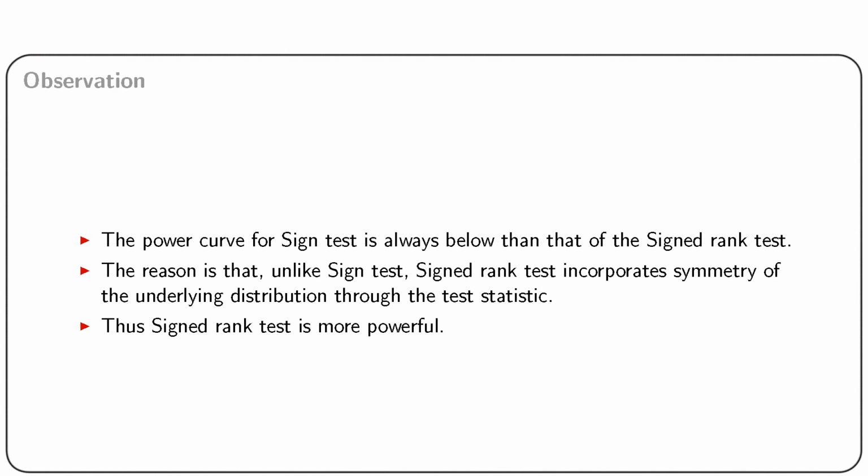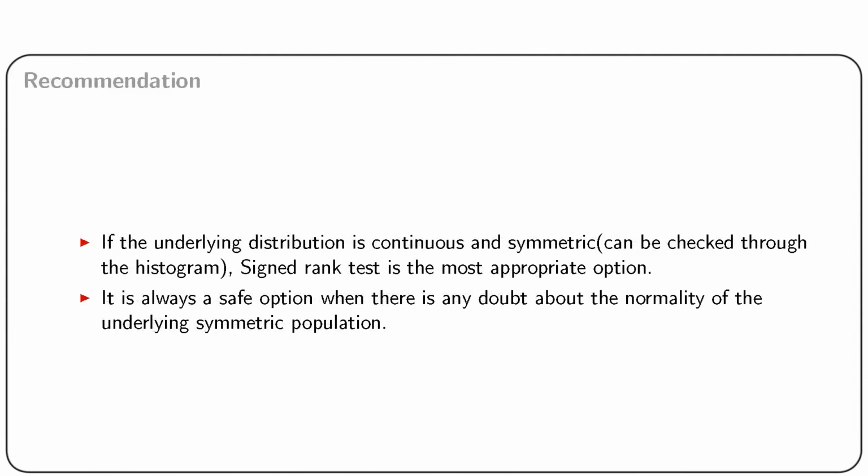Thus, we conclude that if the underlying distribution is continuous and symmetric, the sign rank test is the most appropriate option. It is always a good option when there is any doubt about the normality of the underlying symmetric population. Further, it is better than the test based on the t-statistic for some non-normal distributions. We shall discuss this particular feature in future.